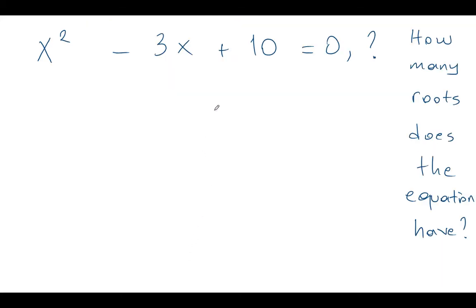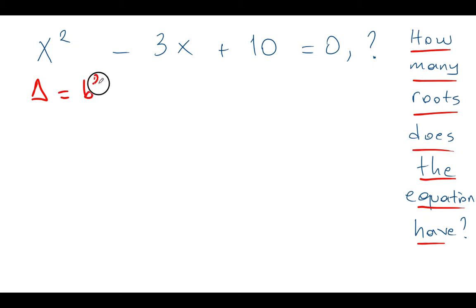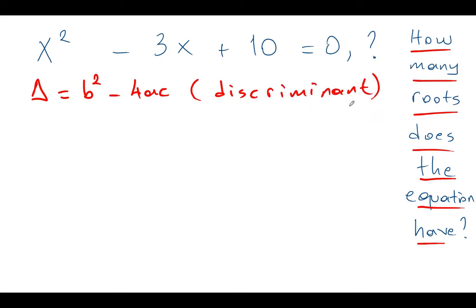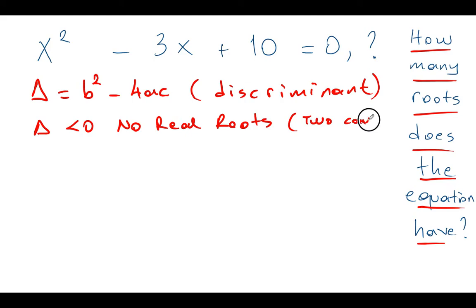Now let's go for the second question. How many roots does the given equation have? To solve this kind of question, we have to know that delta, which is the discriminant, is b squared minus 4ac. So if the delta is less than 0, no real roots, but we have two complex roots.